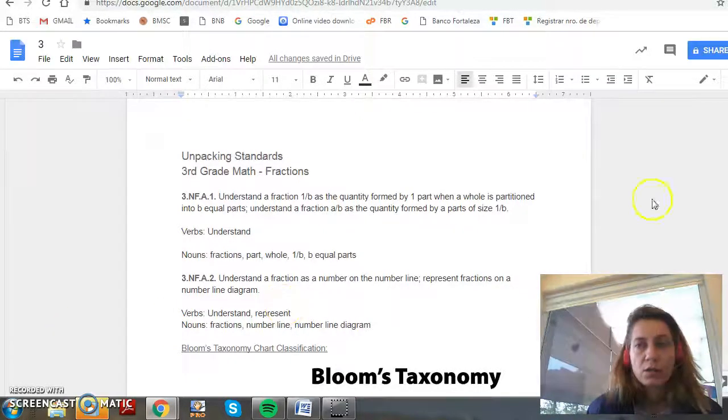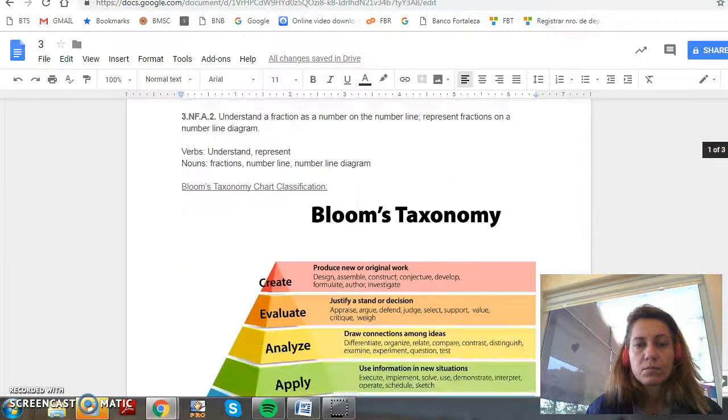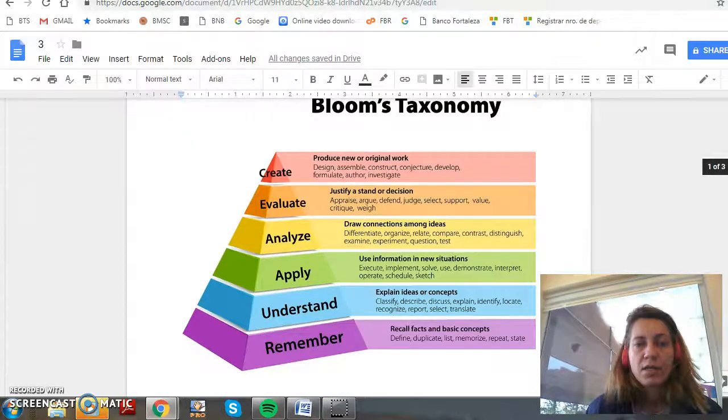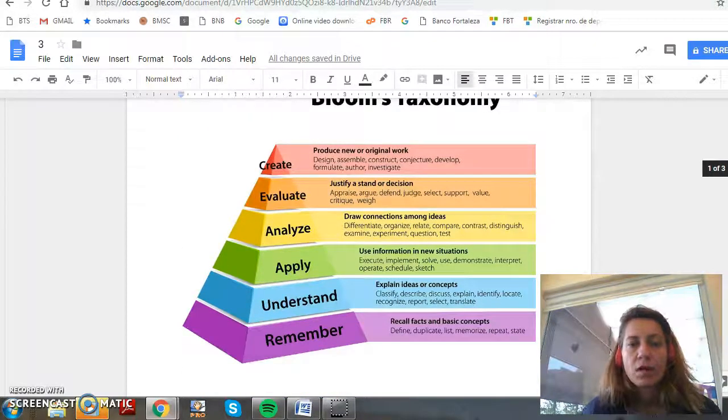So according to the Bloom's taxonomy chart classification, understand is explained as explain ideas or concepts: classify, describe, discuss, explain, identify, locate, recognize, report, select, translate.